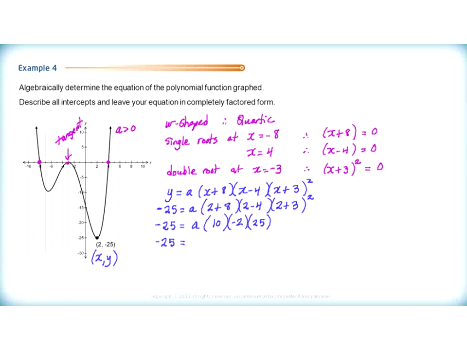So we have -25 is equal to -20 multiplied by 25a, which equals -500a.